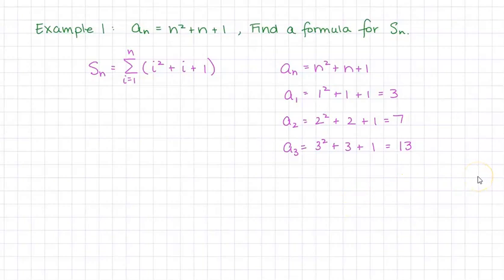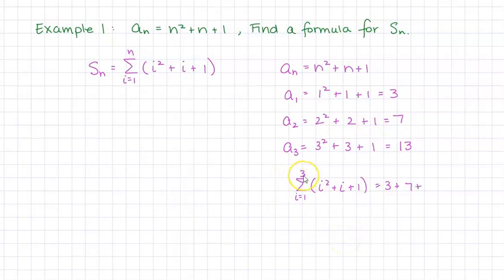But then the summation as i goes from 1 to 3, let's just say I stopped at 3, of this guy right here, which is the same exact one I have here. Well, I'm going to let i equal 1: 1 squared plus 1 plus 1 is 3. Then I let i equal 2, and I work out 2 squared plus 2 plus 1, which is 7.